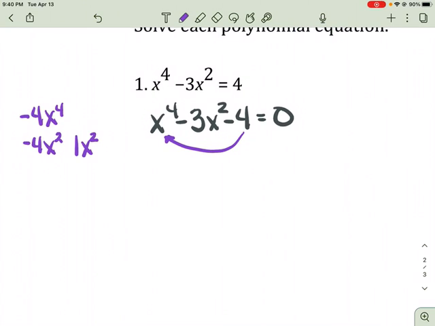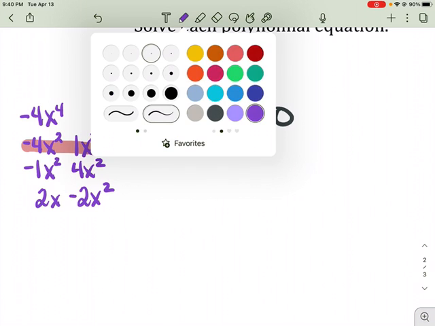Okay, so when we did x squareds, we made it x and x. So now we're doing x to the 4th, so we're going to do x squared, x squared. So we need the pair that adds up to -3. Looks like it's this guy. All right, so I'm going to do box here.